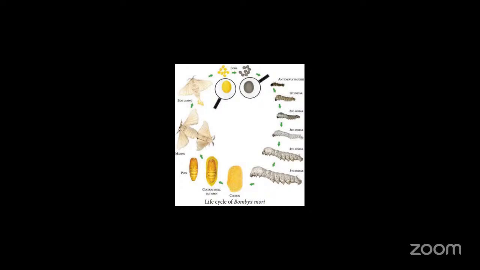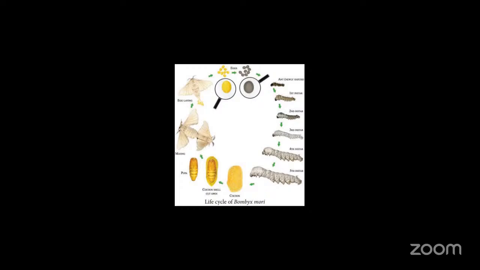And the common name of the mulberry silkworm is mulberry silkworm, and scientific name is Bombyx mori. Origin of the Bombyx mori is China, this Chinese species, and the primary food plants are Morus indica, Morus alba, Morus multicaulis, Morus bombycis.